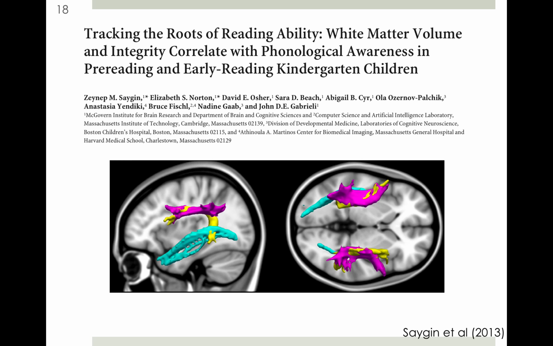I think that it also gets covered in some other classes. But these researchers from MIT looked at the role of white matter structure in the brain in predicting your ability to read as a child. In this project, the researchers were looking at children who were pre-kindergarten, right?